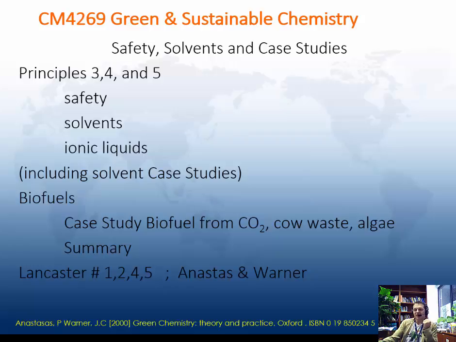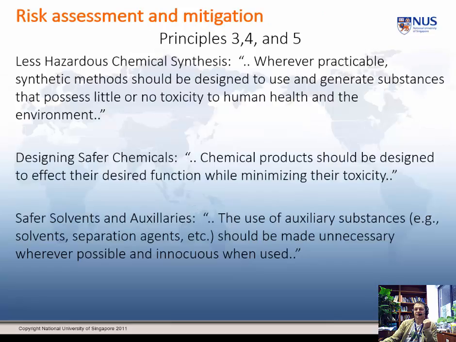And Principle 5, about using safer solvents and safer auxiliaries. Okay, just to remind us, here are a more formal statement of those principles. I won't read that. You've already seen these previously.